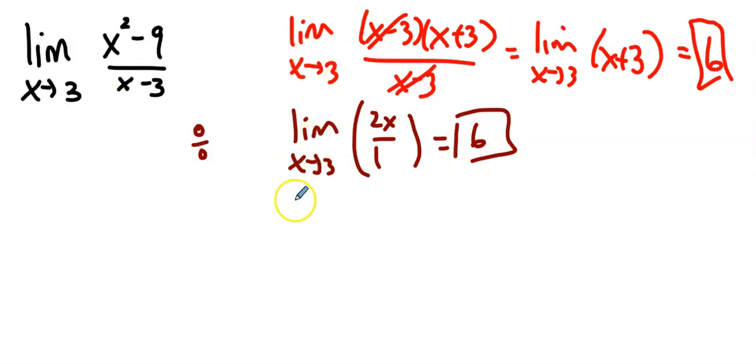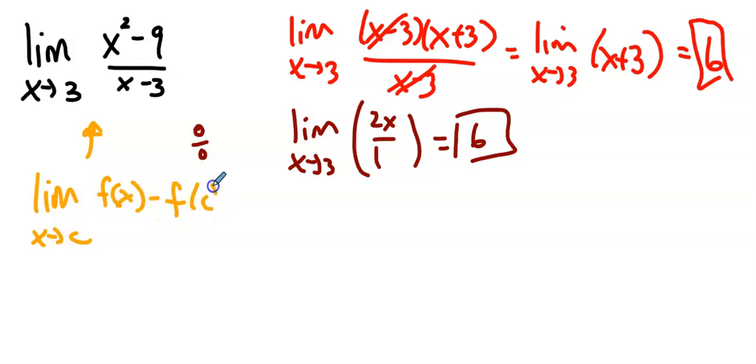The last way, and it's not going to be obvious, is actually the definition of the derivative. This is one of the forms of the definition of the derivative that you have already learned. So you can see this. And if you know this definition of the derivative, then you know that the function f of x is right here.